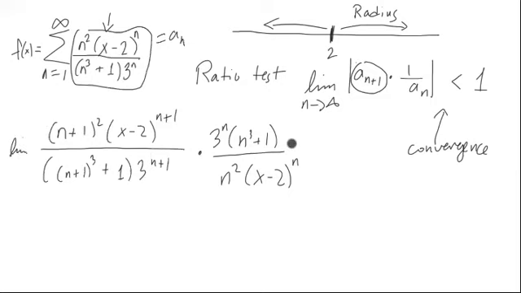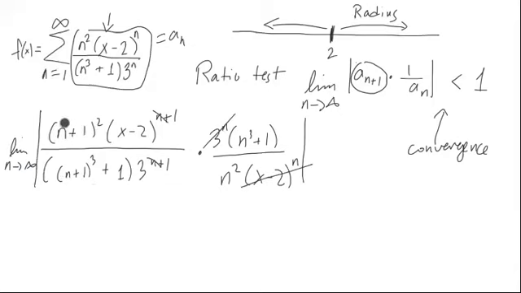And absolute values, well, this is completely positive the whole time. Notice we get cancellation here and here and here and here. And we're taking an absolute value. On the top, we have n plus 1 squared times n cubed plus 1. We're taking a limit of a polynomial over a polynomial, so all we're concerned about is the leading term.